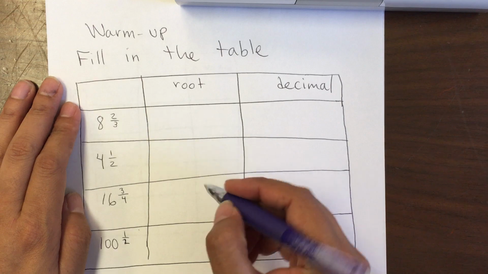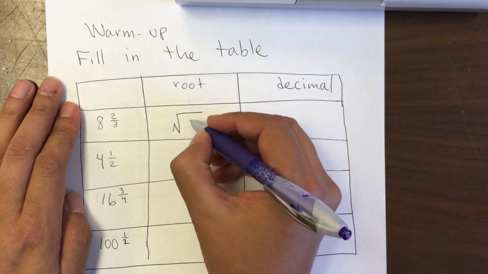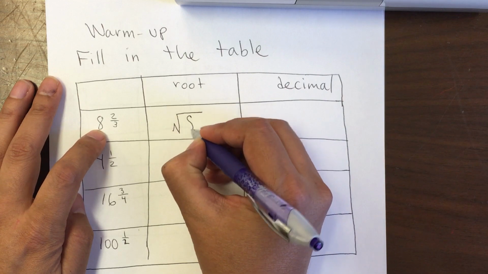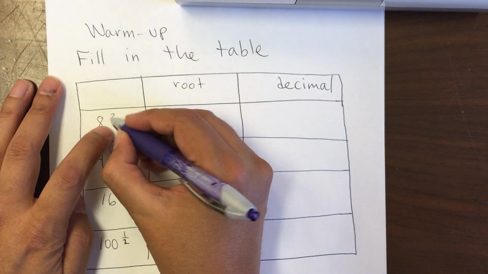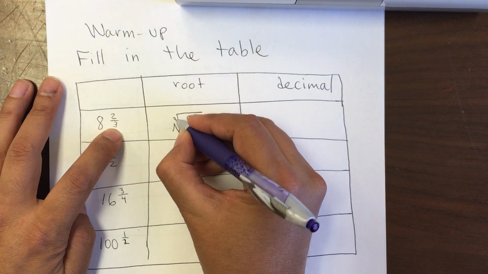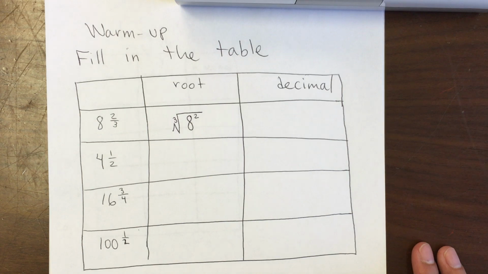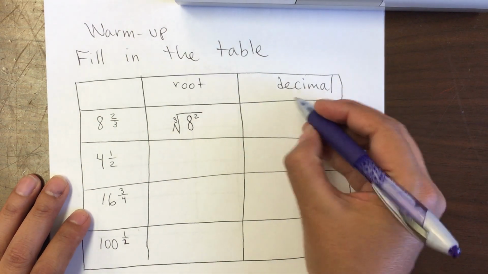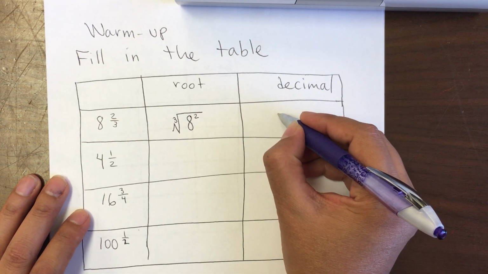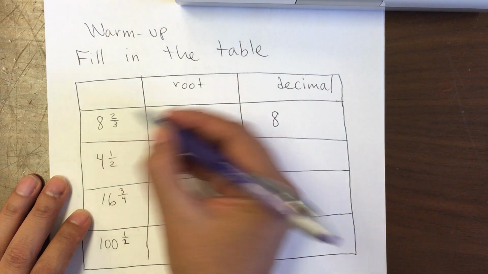If not, remember, pause the video. So for the root, you're going to keep the same base. The numerator is the exponent and the denominator is the index. For the decimal, all you have to do is keep the base and divide the numerator by the denominator.